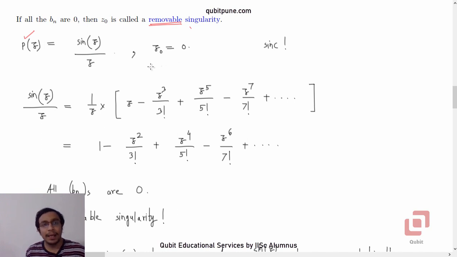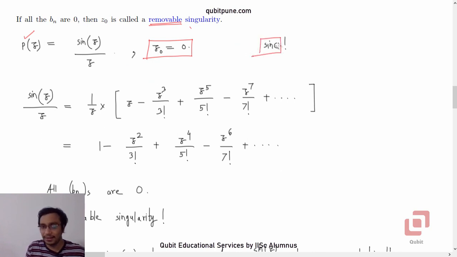And well, this function is not defined at z equal to 0, we know that, and because sine z and z are analytic everywhere, the point where this function ceases to be analytic is the point where the function is not defined, and that is 0.